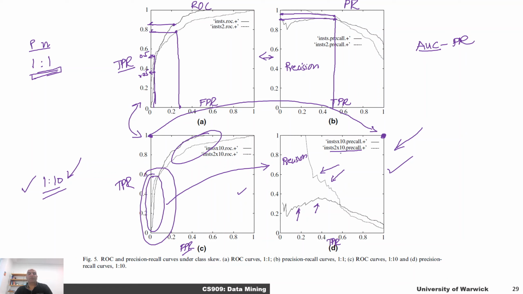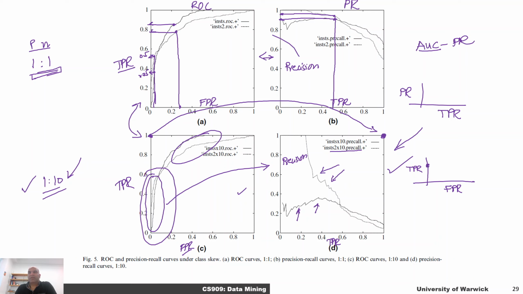Just to summarize, precision recall curves plot the precision along the y-axis and the sensitivity along the x-axis, in contrast to ROC curves, which plot the true positive rate on the y-axis and the false positive rate on the x-axis. One easy way of remembering how to interpret these curves is to remember what an ideal classifier looks like in both of these spaces.